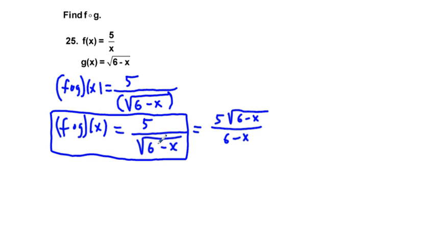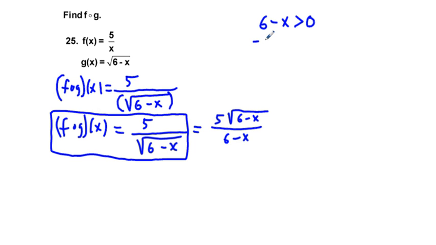But we have to know for conditions that 6 minus x has to be greater than 0. It cannot be 0. Why is that? Because we cannot divide by 0.